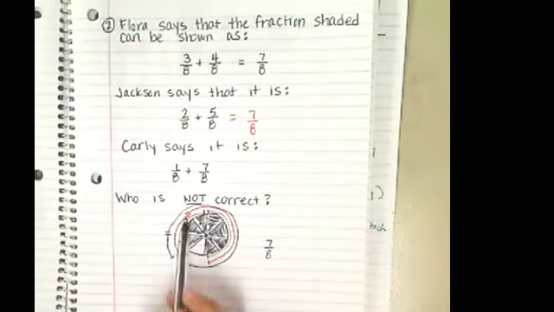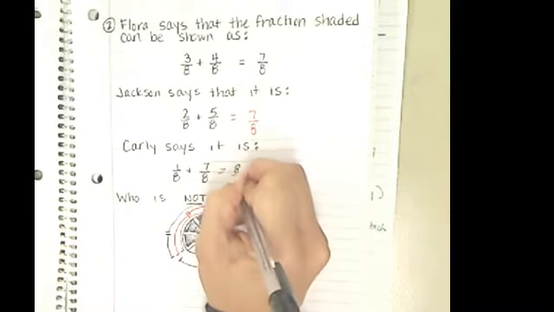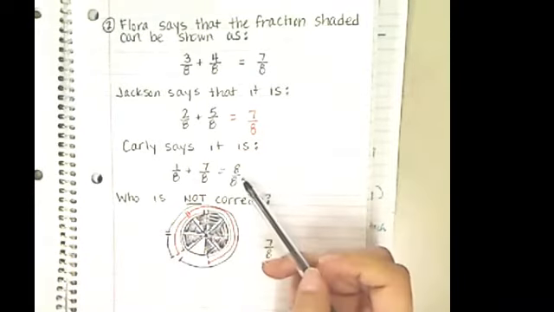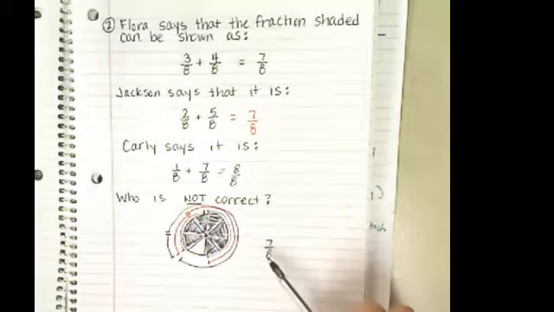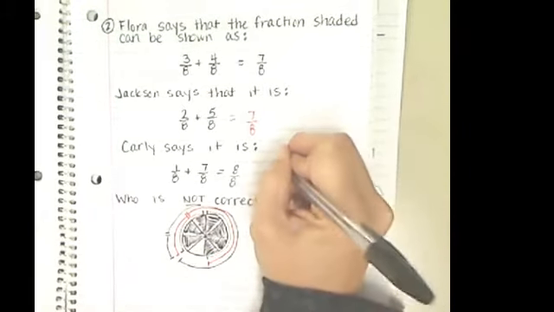If I had added an additional 7 pieces, that would actually be all 8 pieces are shaded. This is 8/8. But that's not the same as what was shaded. What was shaded was only 7/8. So that means Carly is the one that is incorrect.